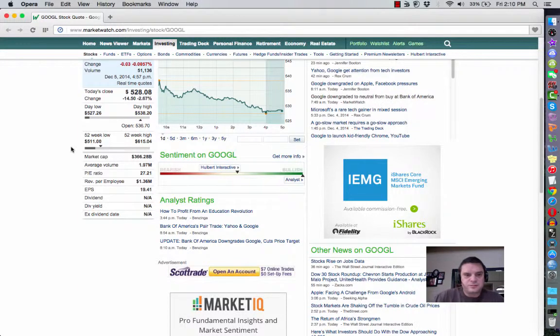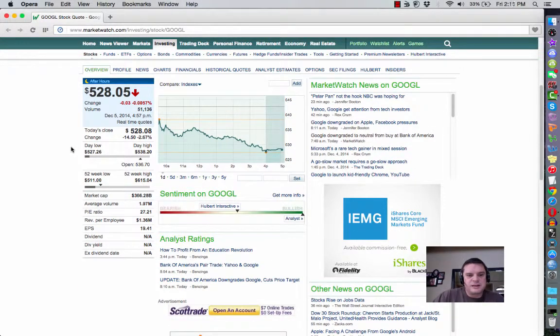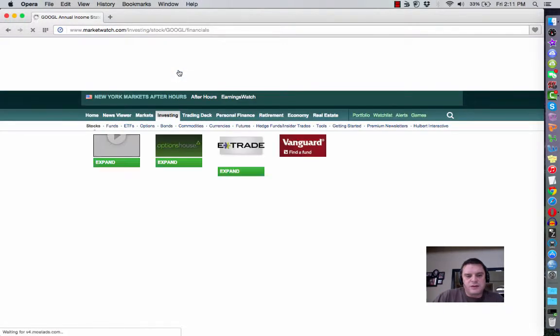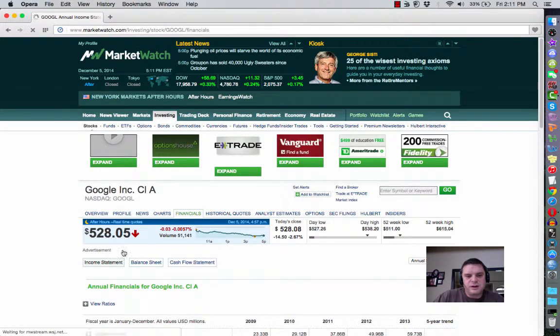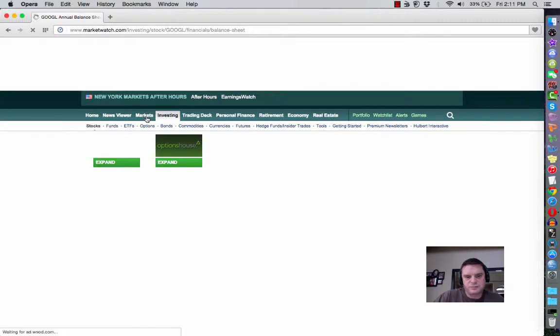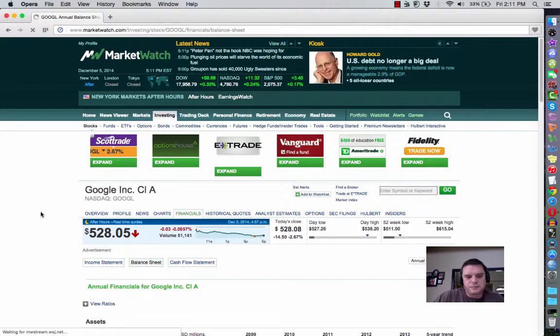High growth stocks tend to have high PE ratios, and industrial stocks tend to have low PE ratios. You can also look at their financial statements. Income statements are the default, and you have balance sheets and cash flow statements.